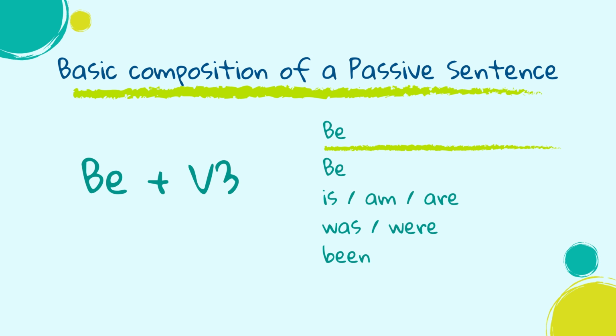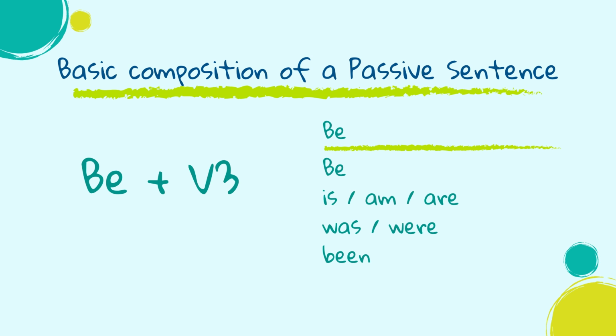There are many kinds of be. There is be, the base form, and then the present is am, is, are, and then the past was, were, and the past participle been.